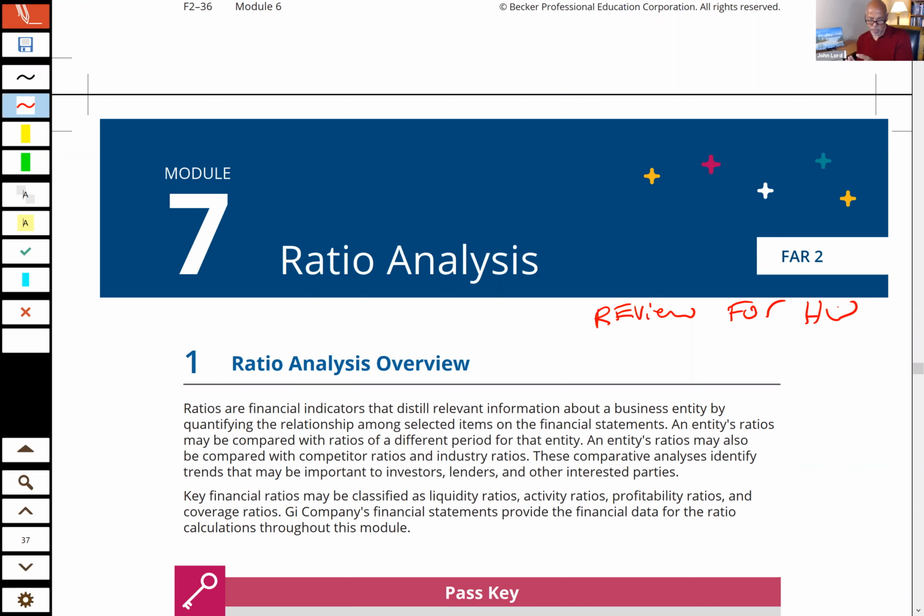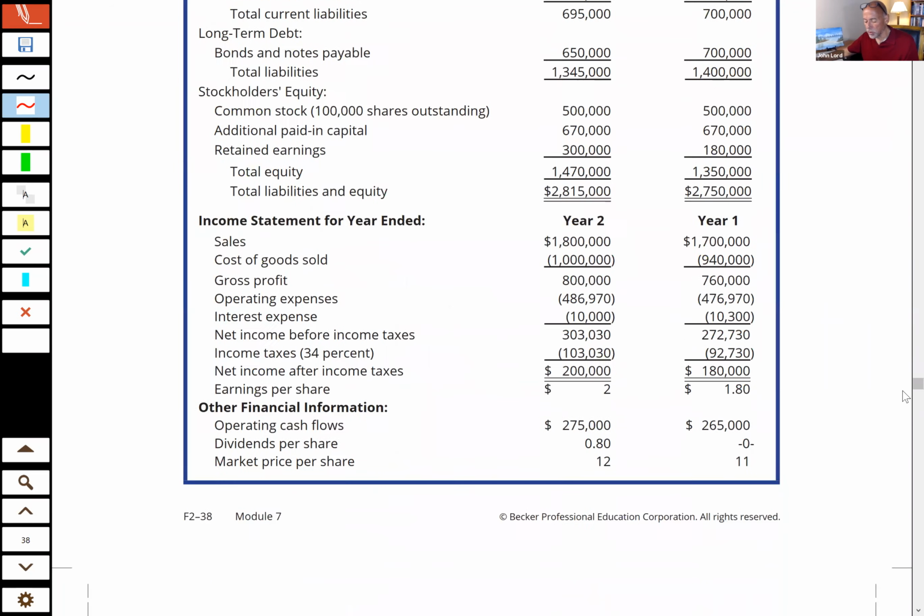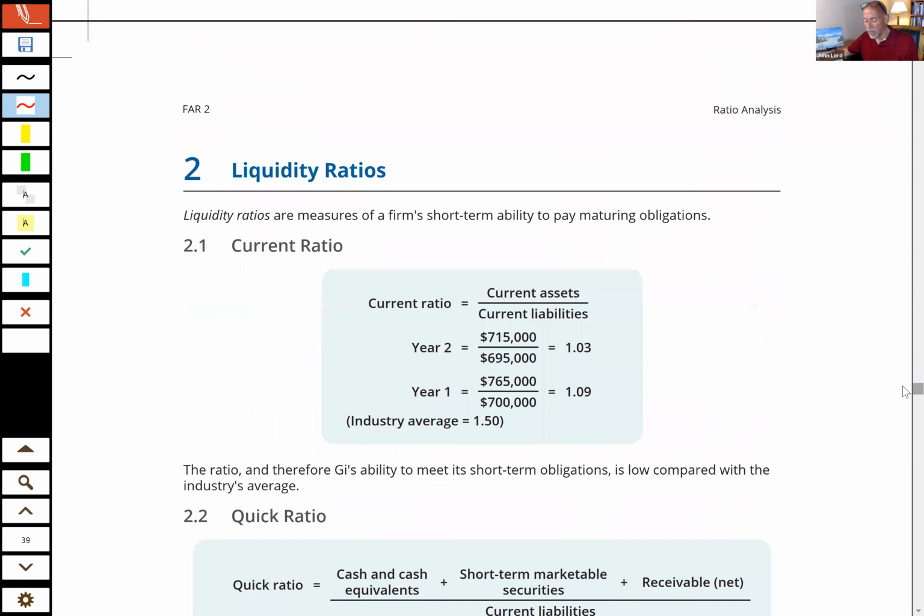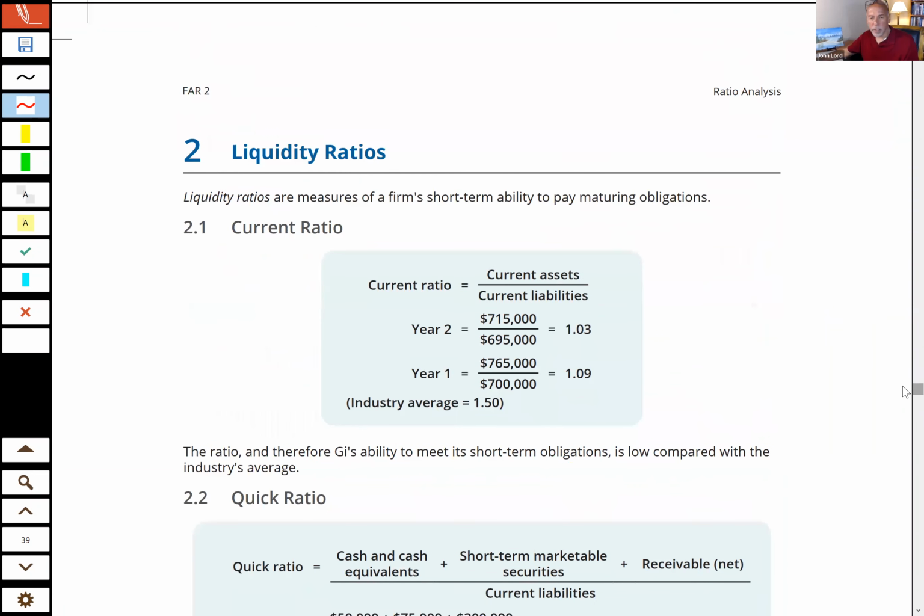Now, the beauty of making all the flashcards for all these ratios, and by the way, I think you already have them in your Becker material. They give you a financial statement here, and then they start asking you to calculate the current ratio, current assets divided by current liabilities, et cetera. You can see why me sitting here and reading this off to you isn't of much use to you. You have the flashcards that tell you what the ratios are. I'm sure Becker has those in your stack of flashcards.